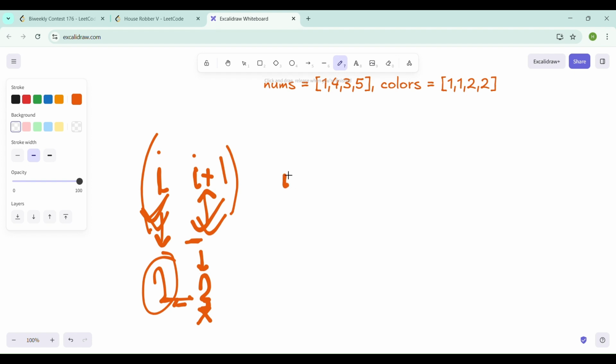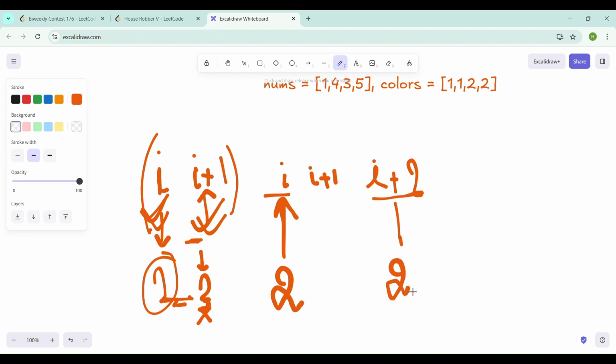And let's say if you were on the ith index and you are now on the i plus 2th index, and here it was i plus 1, right? So what they are trying to say is that if you, let's say, robbed this house, and let's say this house had a color code of 2 and this house also had a color code of 2, right?